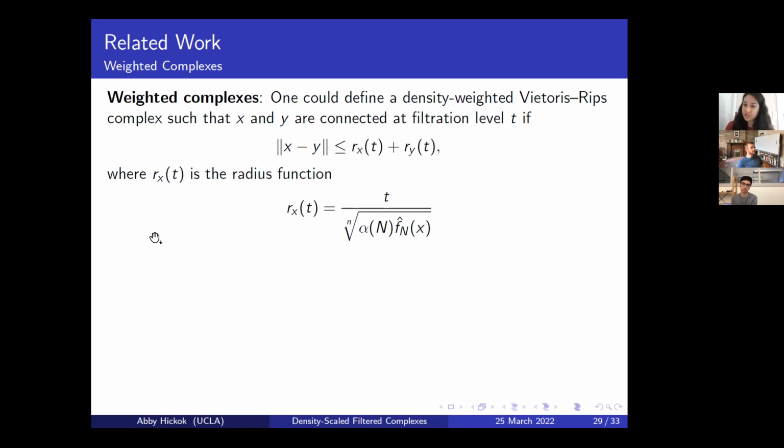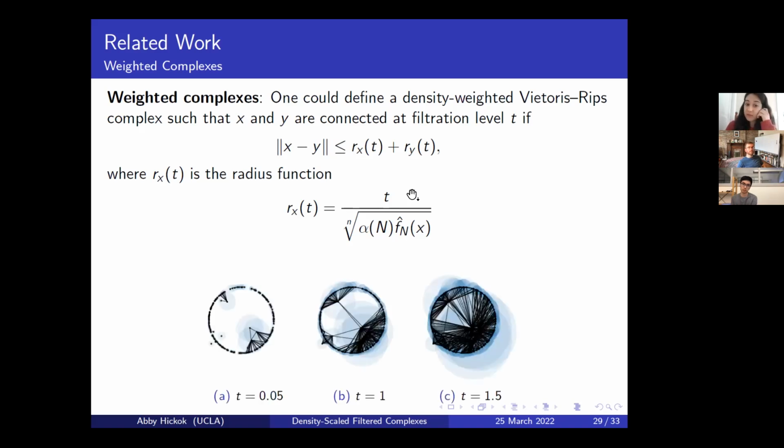This would be simpler than what I'm doing, but it doesn't work very well when there are outliers. This is the same point cloud I showed you before. What happens here is that at points of low density, where the outliers are, those balls grow very quickly and completely engulf all the points that are actually on the manifold. So a density weighted complex, while simpler, really doesn't have the robustness properties that you would want for real data sets.